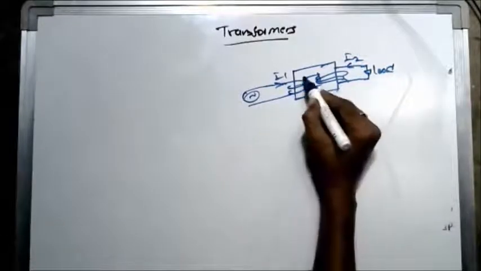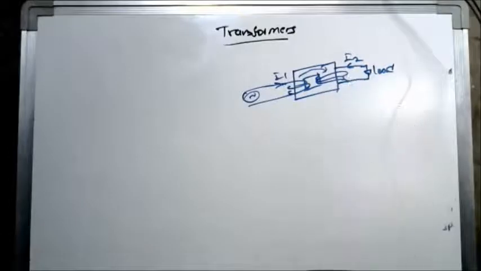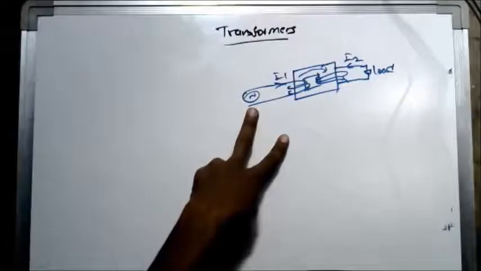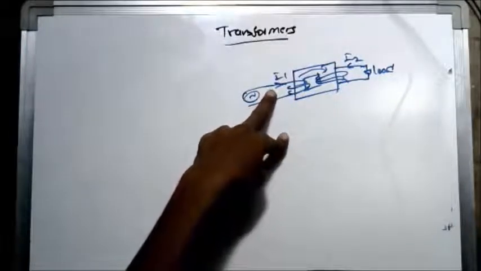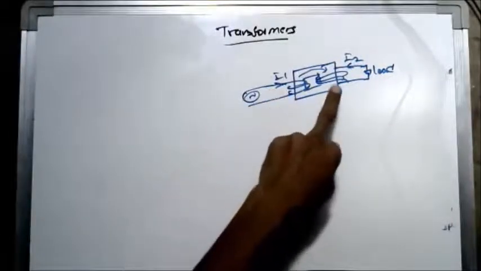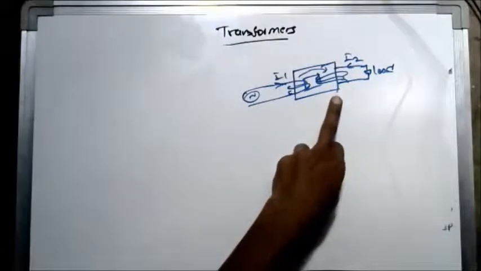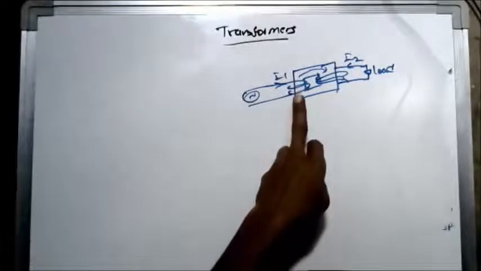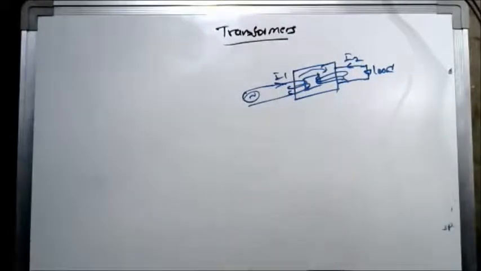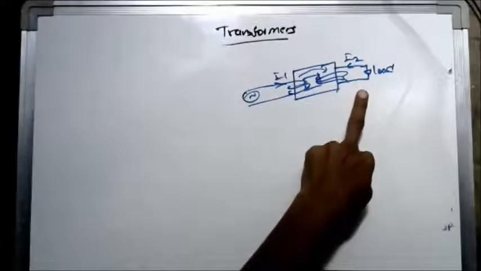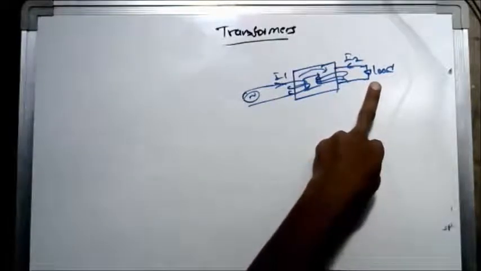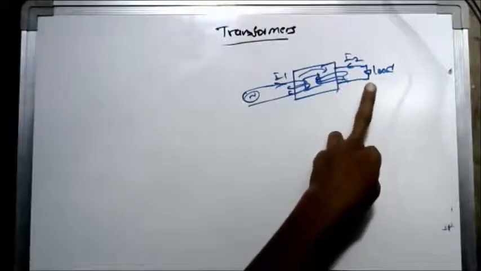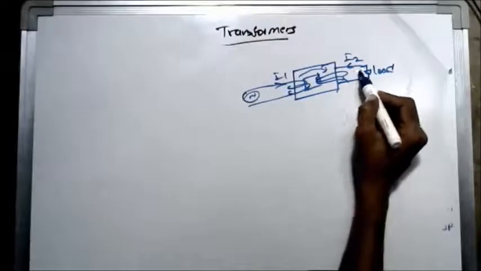Whenever the primary is excited by an AC source, the excitation current I1 is established, then the flux phi is established in the core. This phi links both the primary winding and the secondary winding. Then the EMF induced in the primary and the secondary winding will take place. Now, because the secondary winding is connected to a load, a closed path is formed here, so current will flow.